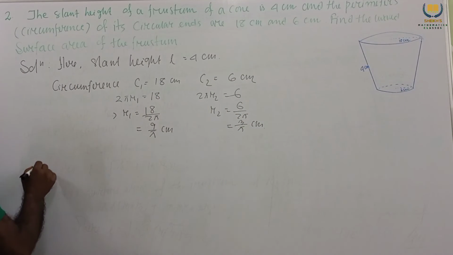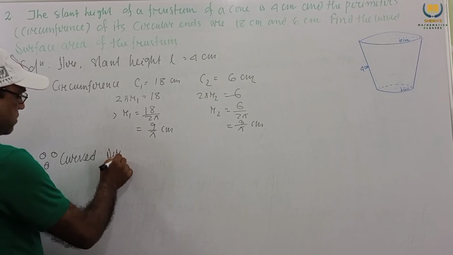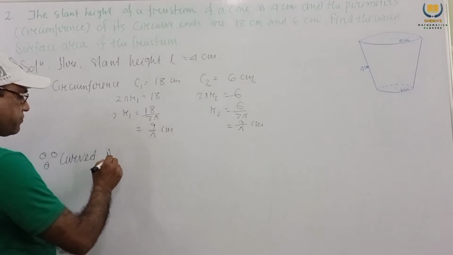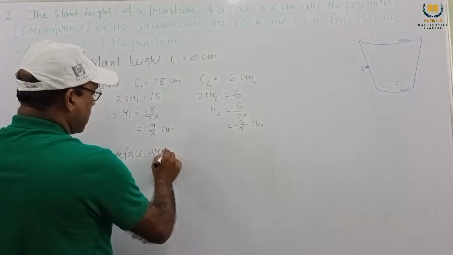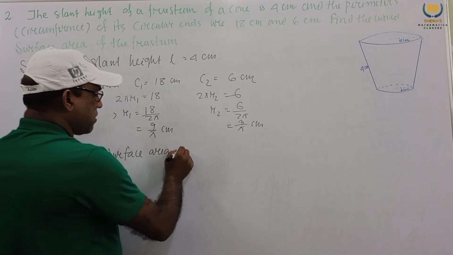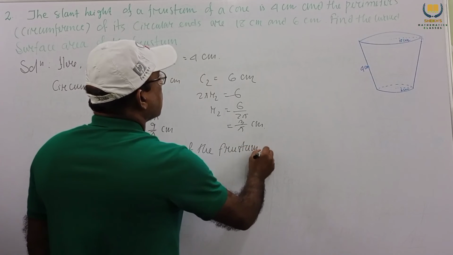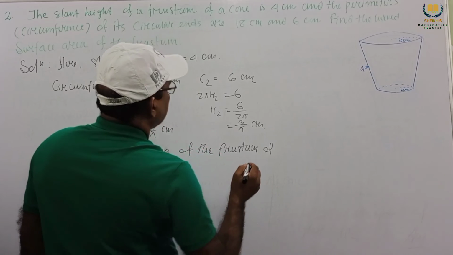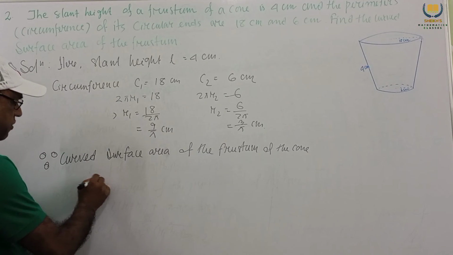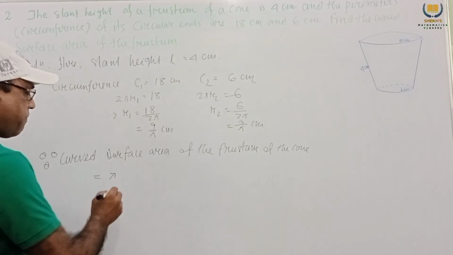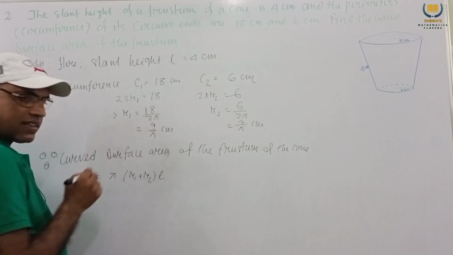Now curved surface area. Since curved surface area of the frustum of the cone is equal to, we know this formula, pi into (R1 plus R2) into L. This is our formula.